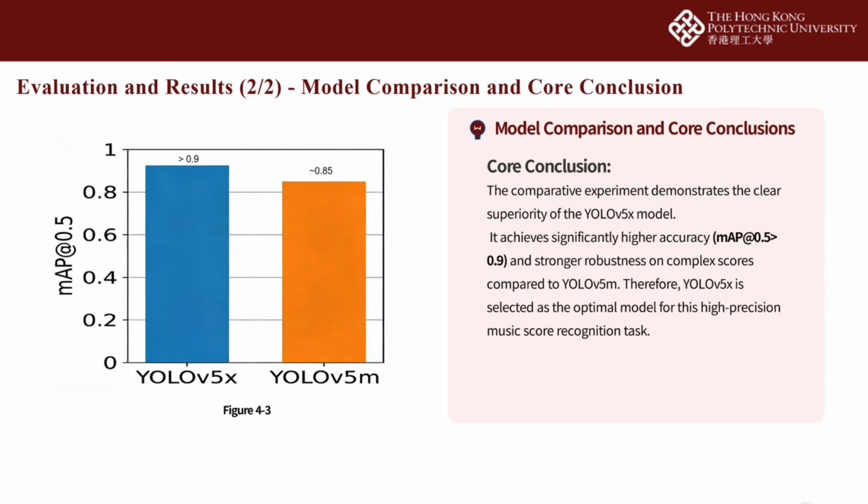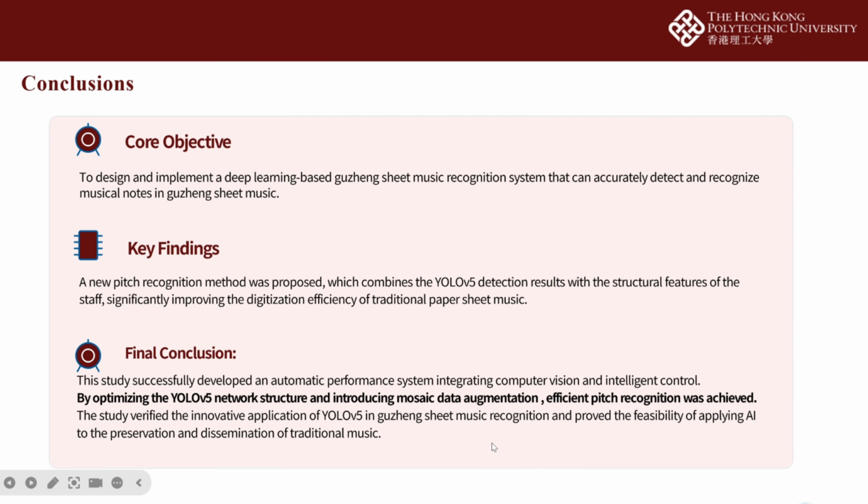And our comparative analysis yielded decisive results. The YOLOv5X model achieved a remarkable mAP 0.5 exceeding 0.9, substantially outperforming the YOLOv5M baseline. This performance gap demonstrates the larger model's superior capability in handling complex musical symbol recognition tasks.